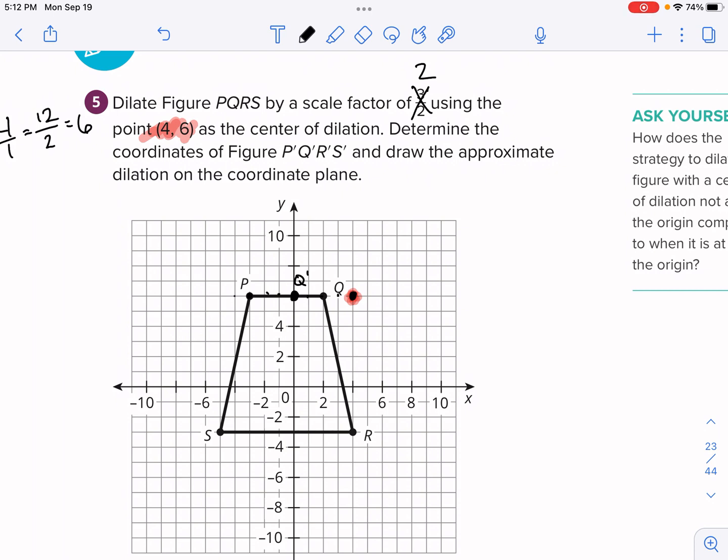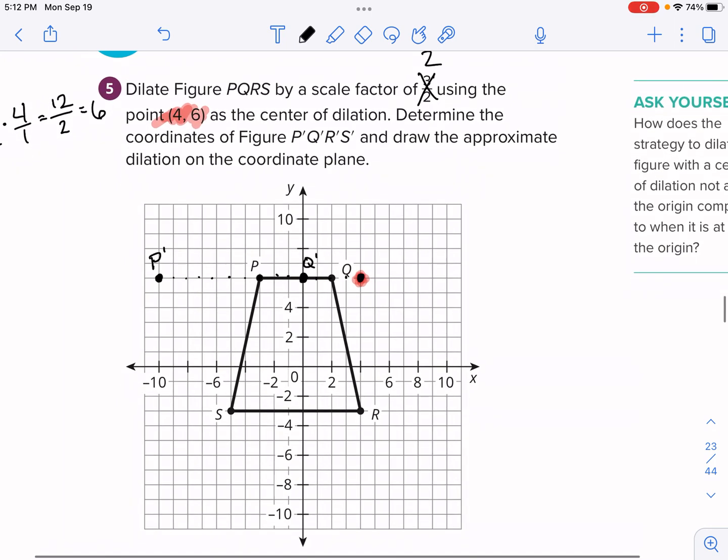So let's go 1, 2, 3, 4, 5, 6, 7 right here. And just so you know, these tiny points that I'm putting, you don't have to write. I'm just drawing that so that you know how much I'm counting. But these bigger points like P prime and Q prime, go ahead and write those in. Next one, I think I might have miscounted. 1, 2, 3, 4, 5, 6. Oh no, I think that's good.